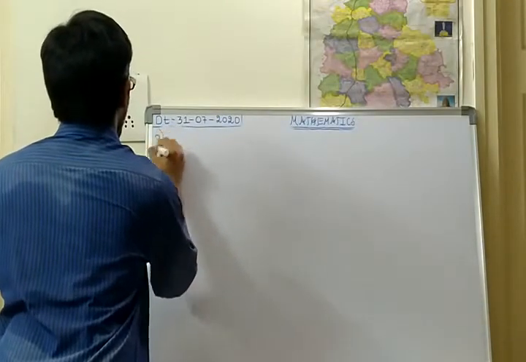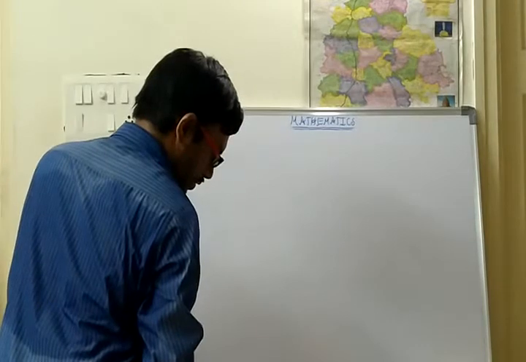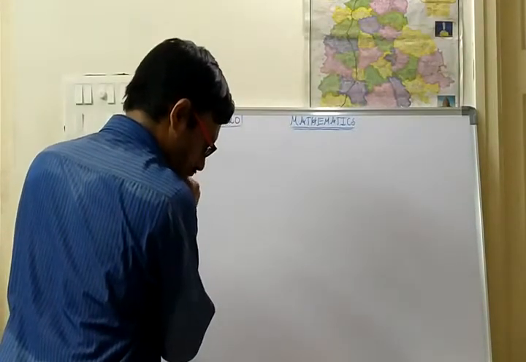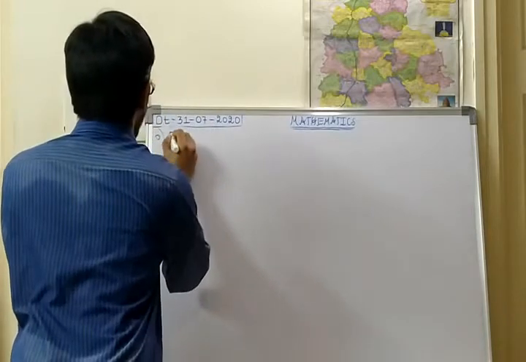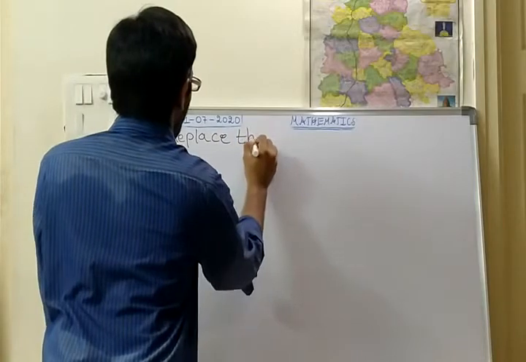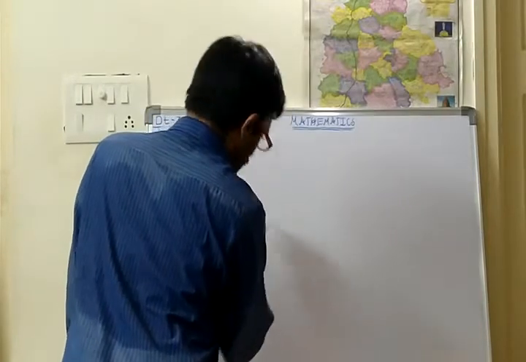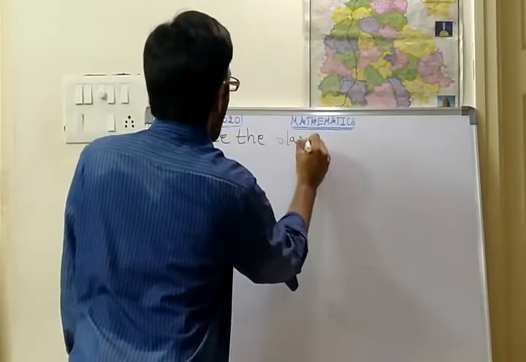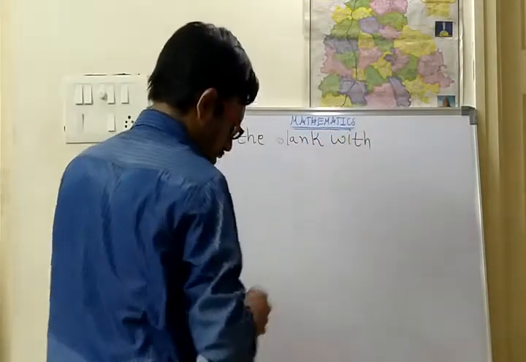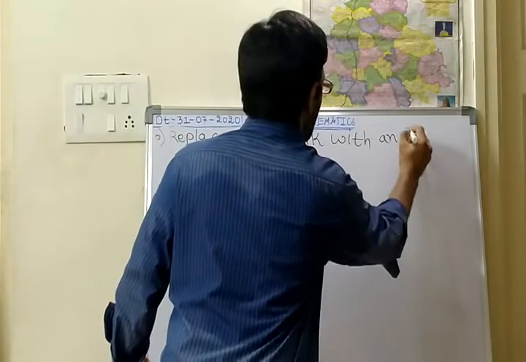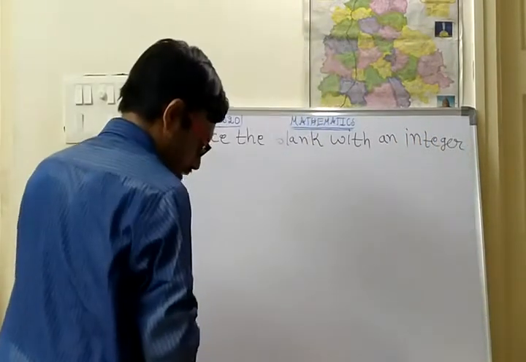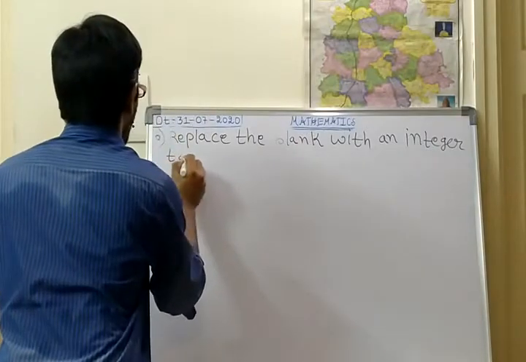The sixth bit is: replace the blank with an integer to make the statement true.